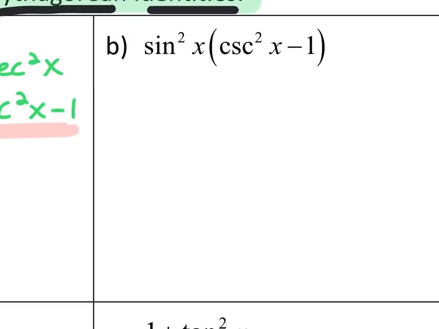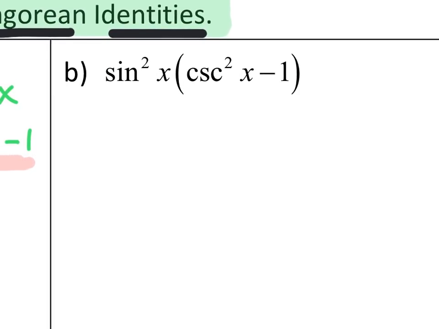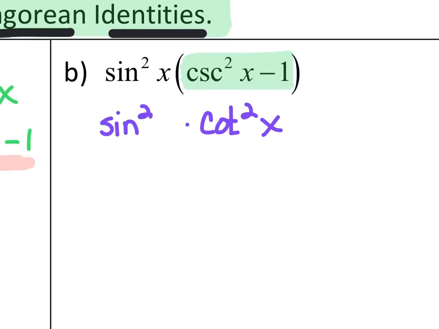In the second problem, you want to look at the Pythagorean identity here, cosecant squared of x minus 1. And similar to problem A, we can just replace cosecant squared of x minus 1 with cotangent squared of x. Bring down your sine squared of x.